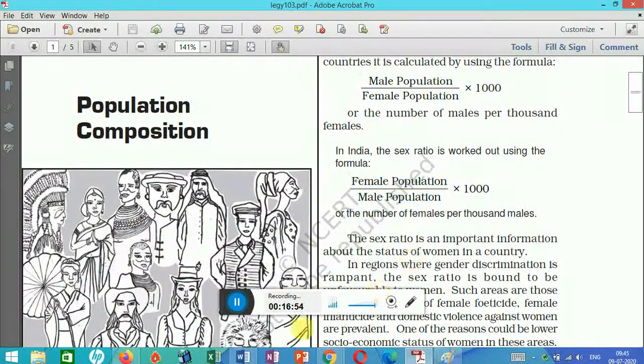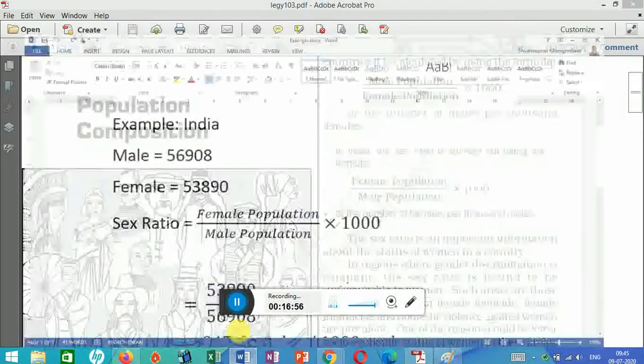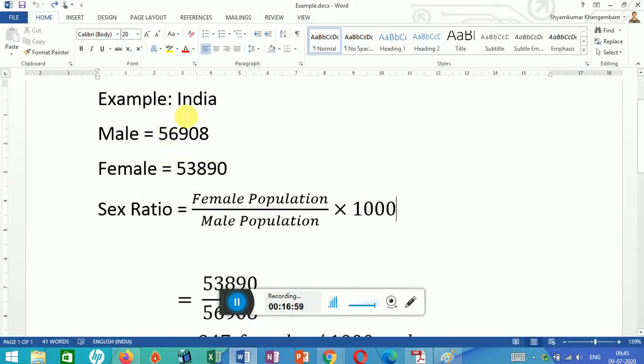Now let us see one example. Let us suppose the number of males in India is 56,908, and number of females 53,890. So applying the formula which is generally used in India, sex ratio is equal to female population divided by male population multiplied by 1000.